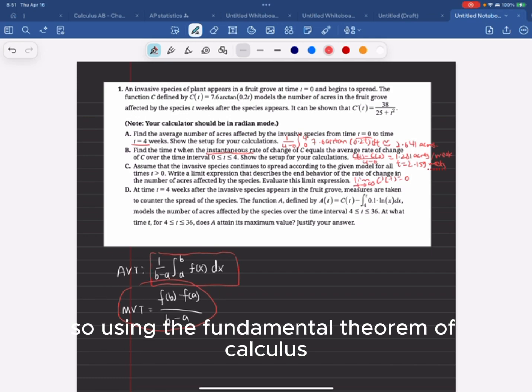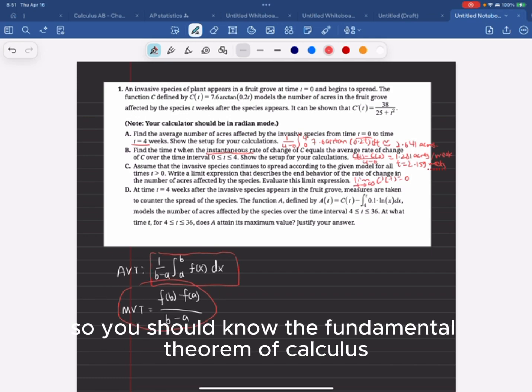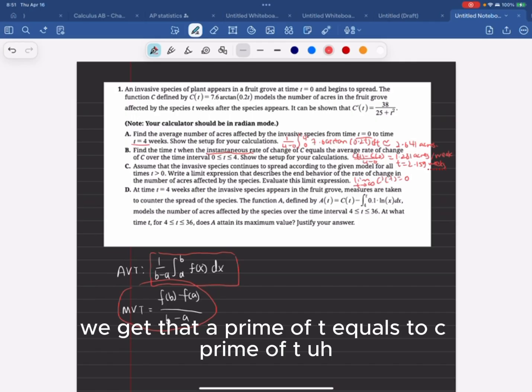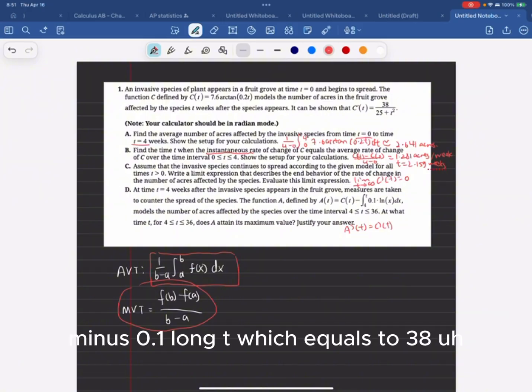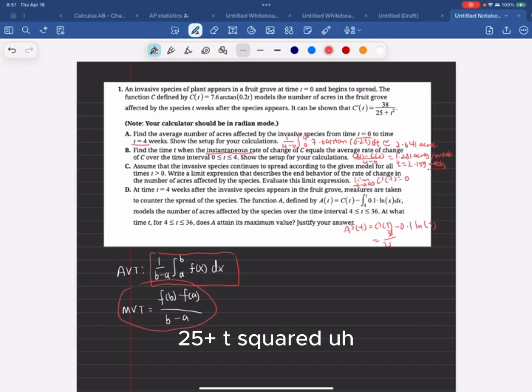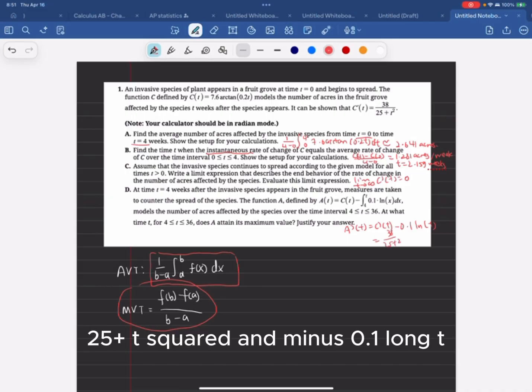Using the fundamental theorem of calculus, which you should know, we get that A'(t) equals C'(t) minus 0.1 ln t, which equals 38/(25 + t²) minus 0.1 ln t.